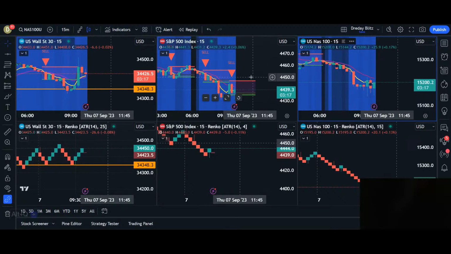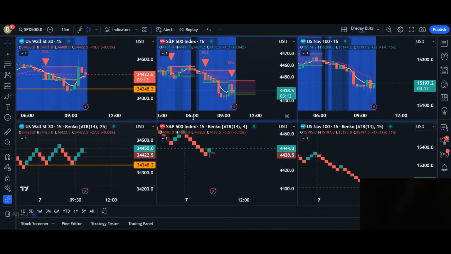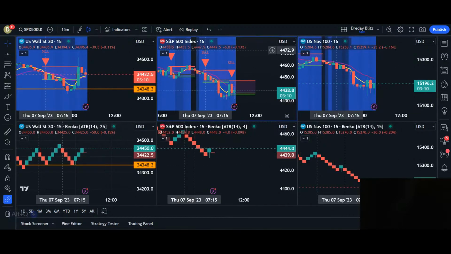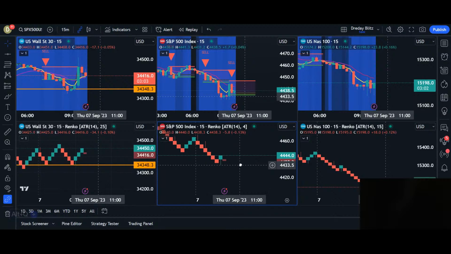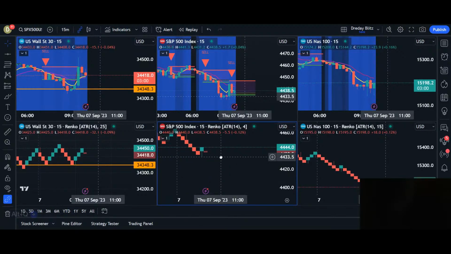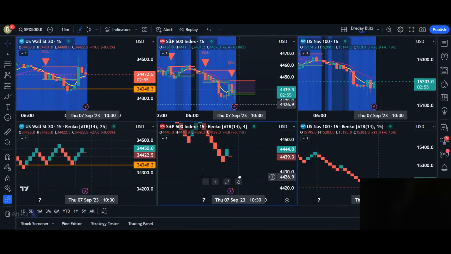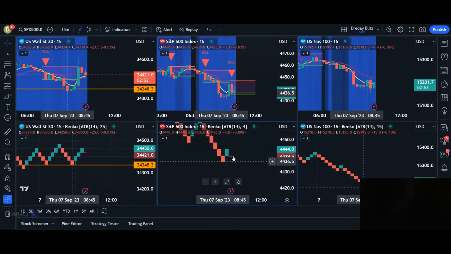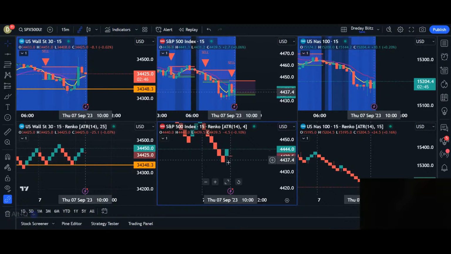All right. So far, SSP 500 is showing us a reversal. No, not a reversal. Yeah, it's a reversal here going down, but it's hesitating. And as you can see, if I zoom in, the Renko bar is being created here, showing that it's going down, but it's not fully completed.